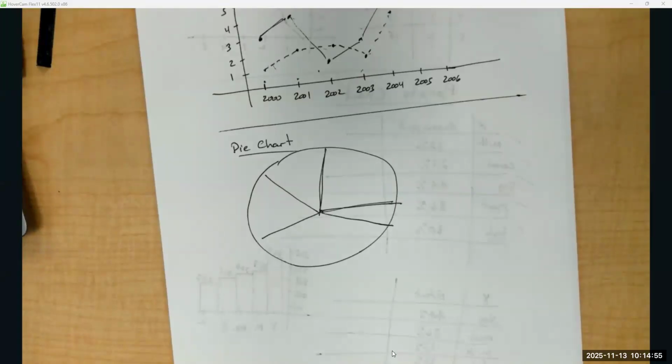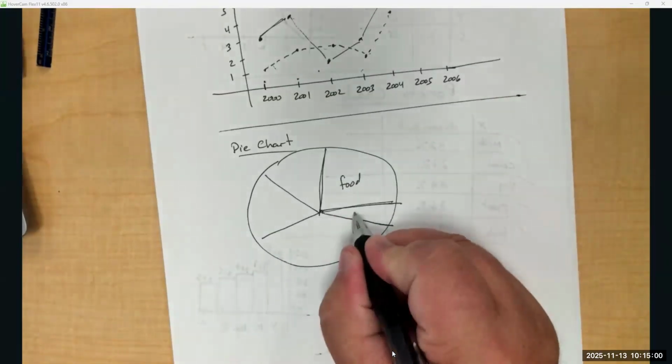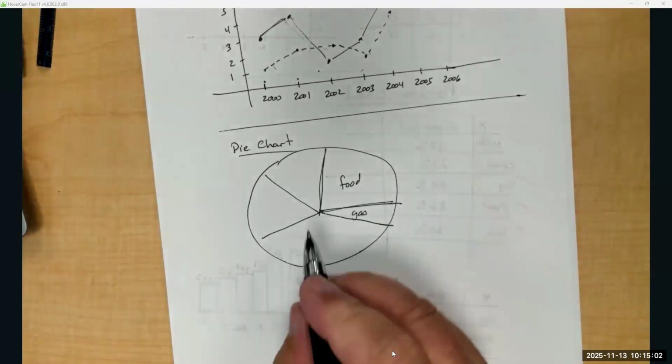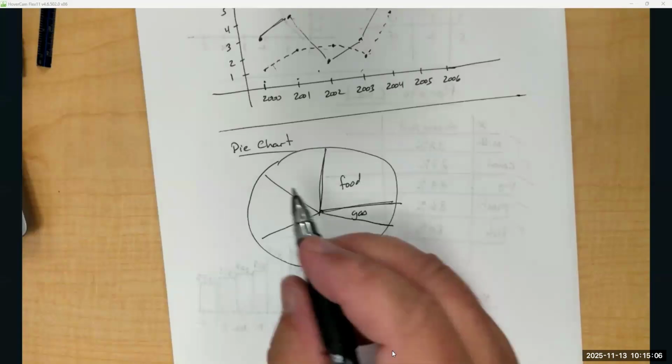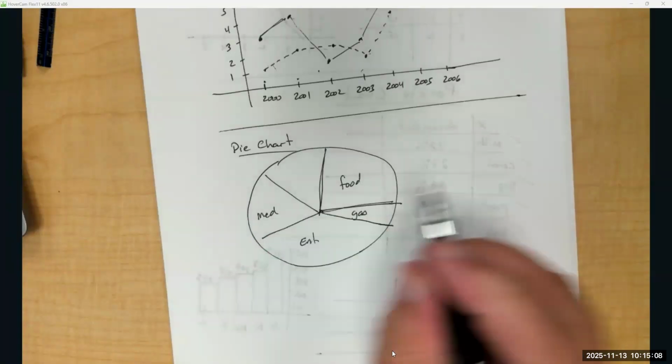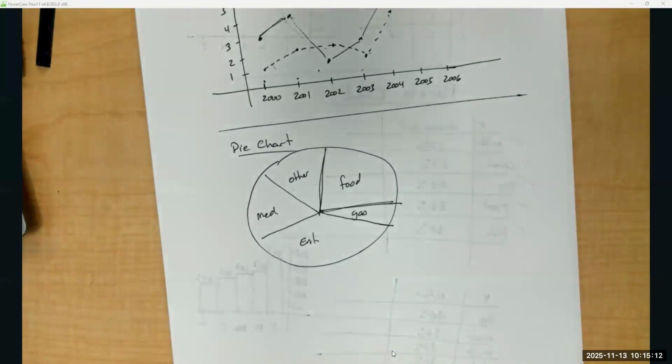Perfect for budgeting. This is for food. This is for gas, entertainment, medicine, other necessities.